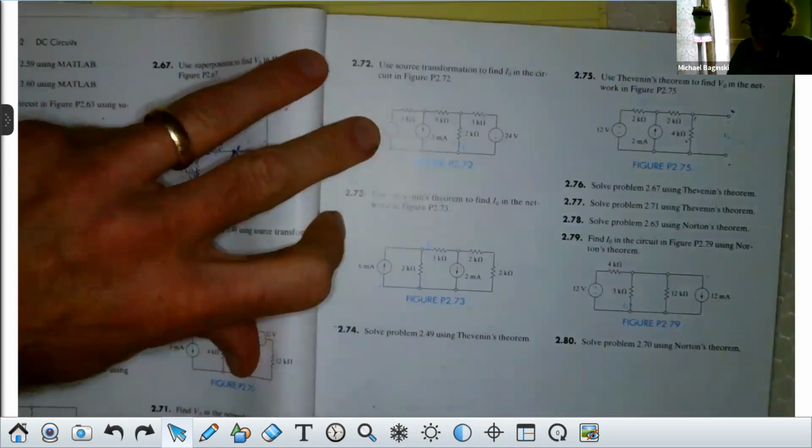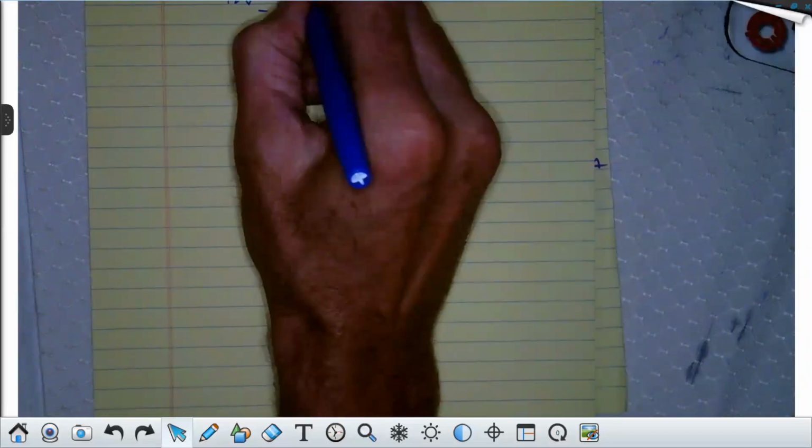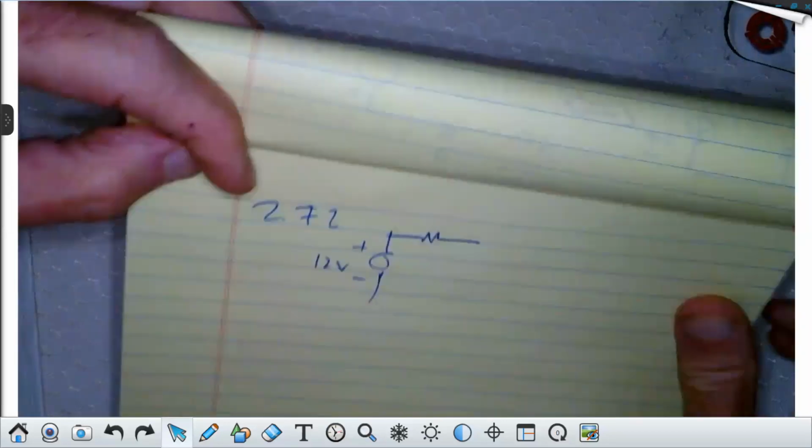All right, so I'm going to redraw this, and I'm going to show you how quick you can do this. So you had a 12-volt source. All right, then you had the 3K. Can you move the paper down? Yeah, thank you.